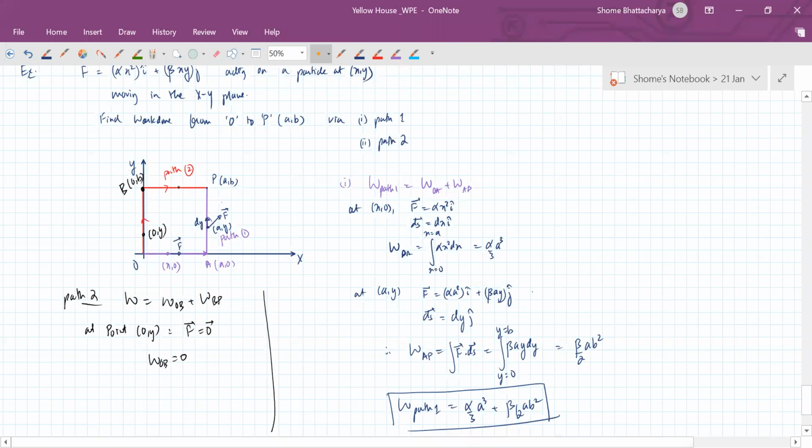And then at any point like this, where your x coordinate is varying but your y coordinate is fixed, there will be some amount of force, like this. And your differential displacement will be along the x-axis.